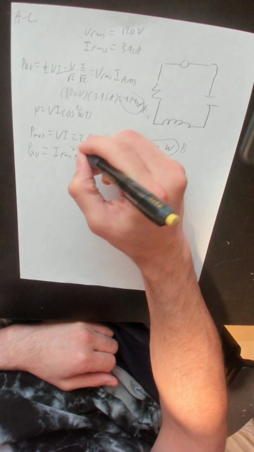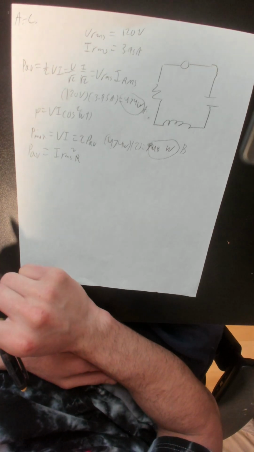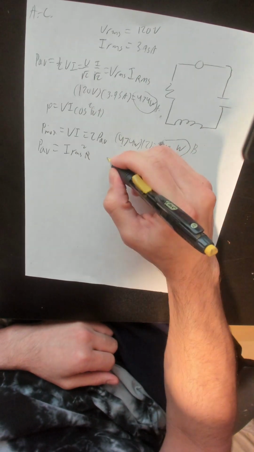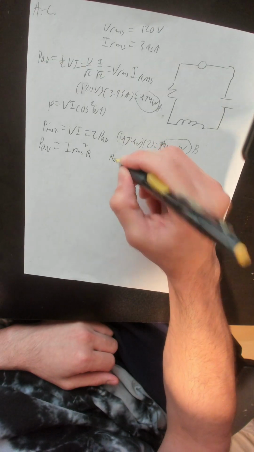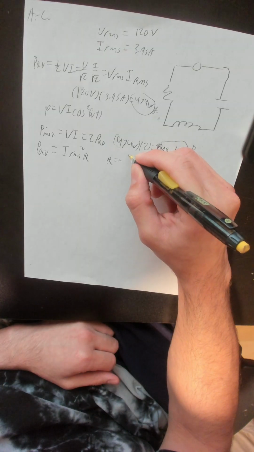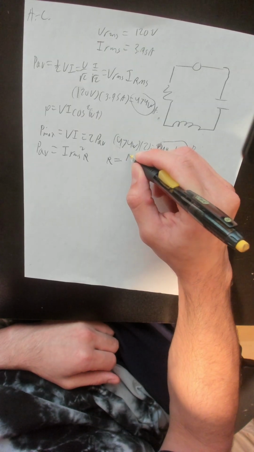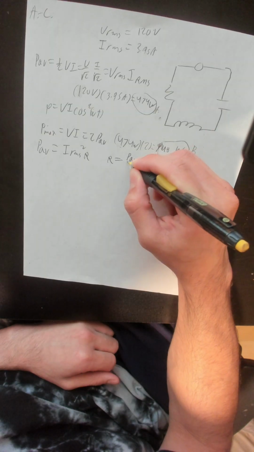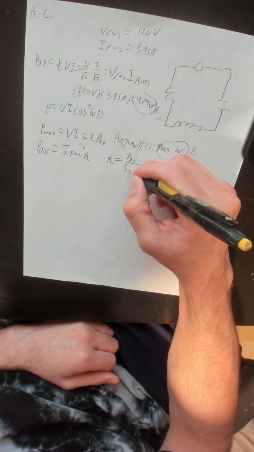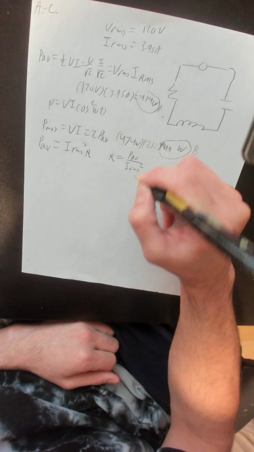We just have to rewrite it, so R equals P average over I RMS squared.